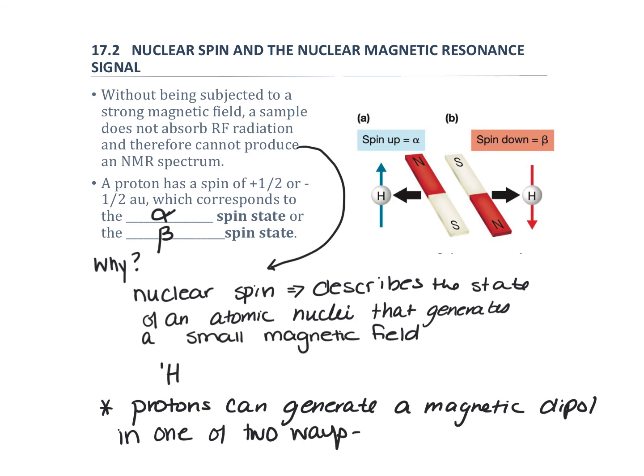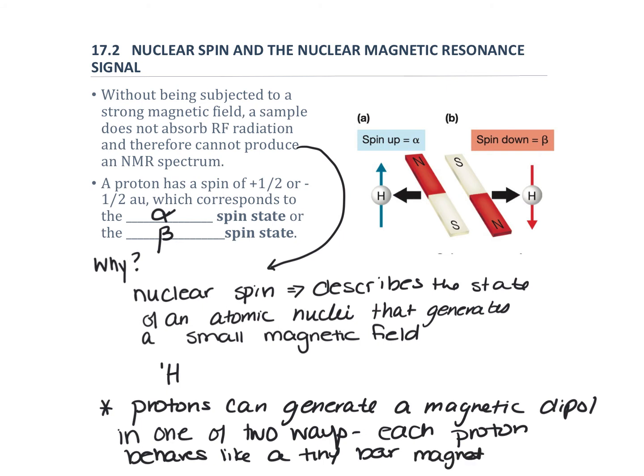And because of that, each proton behaves like a tiny bar magnet, which is why the image there shows you a tiny bar magnet. And remember, bar magnets have a north and south pole. So these nuclei a lot of times are represented as arrows that are indicating their magnetic dipoles. So we have the arrow up, which is the alpha spin state, and then the arrow down, which is the beta spin state.